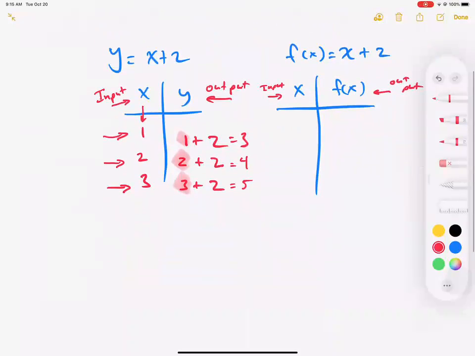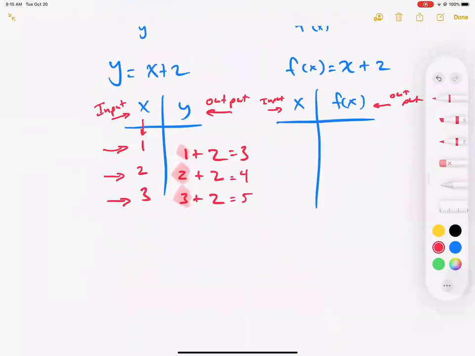Another way of looking at this is let's do each of these problems separately. If x is 1, y is equal to 1 plus 2. See, x is now 1. And 1 plus 2 is 3. And that's really what we're demonstrating here in a faster way.